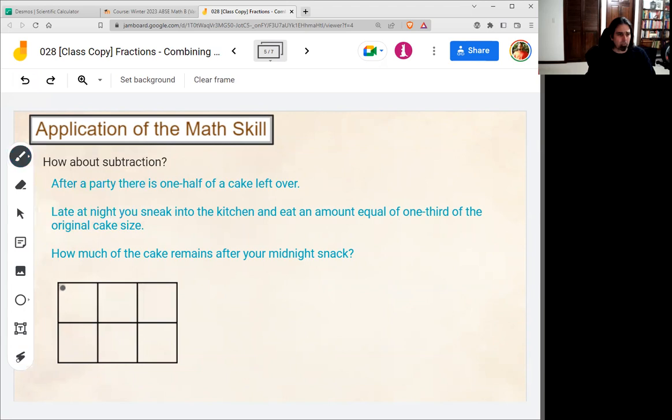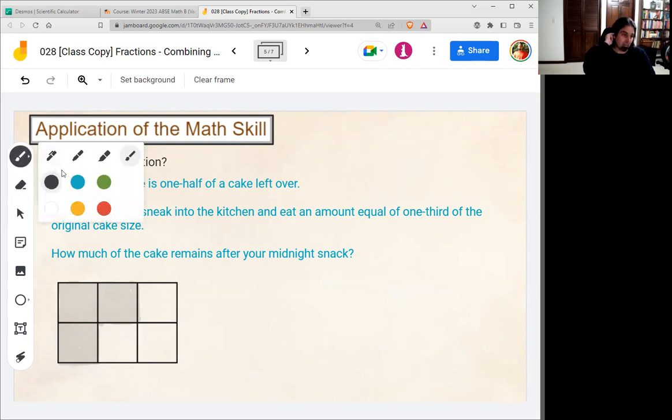What if I shaded my half of a cake not across the top, but just sort of that L? So there's the half that's left. What's a third of the cake to take away?